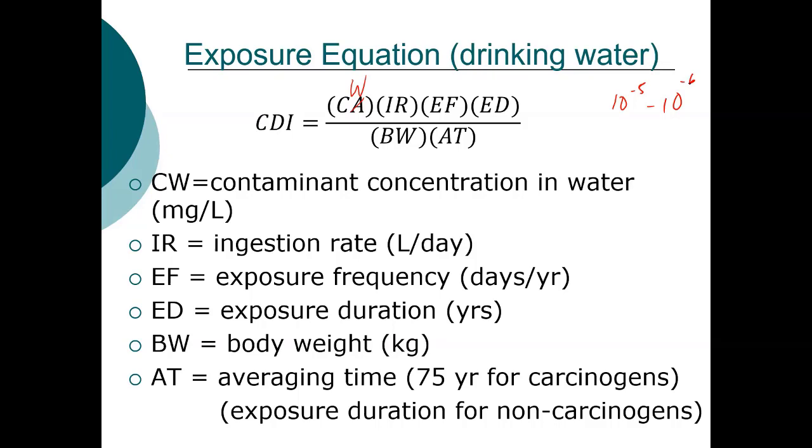So what is determined is that it's 1 in a million, that there is one excess cancer per million population due to lifetime exposure to that chemical in drinking water. And most of the MCLs for drinking water have been determined based on ingestion alone. So they have not looked at inhalation.